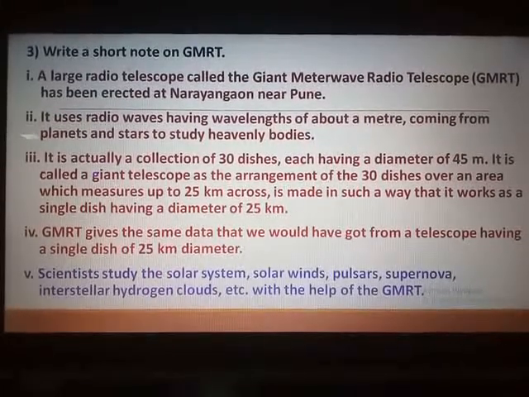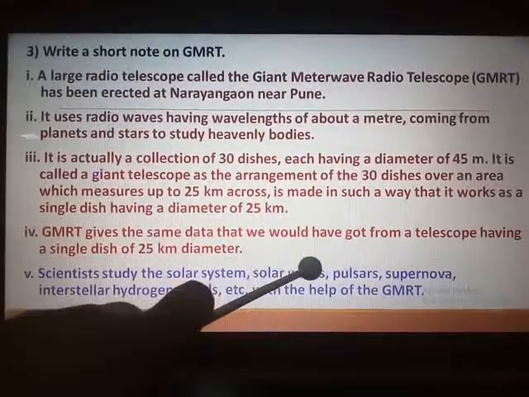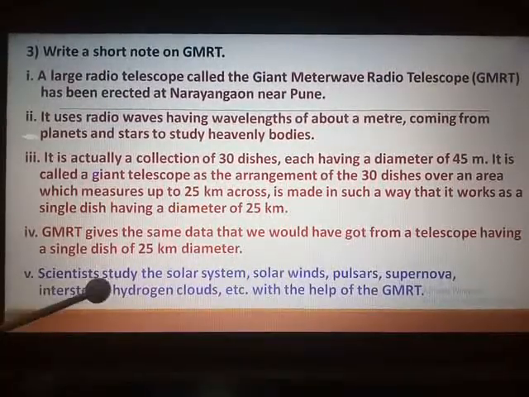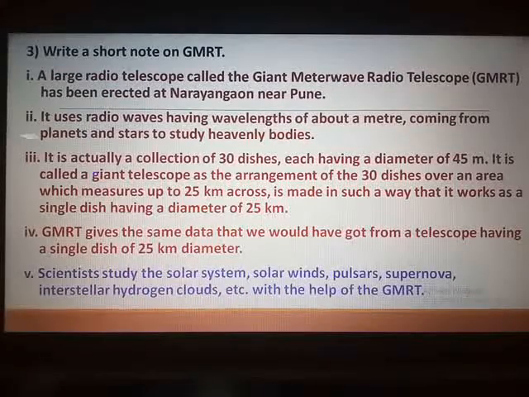Point number 5. Scientists study the solar system, solar winds, pulsars, supernova, interstellar hydrogen clouds, etc. with the help of the GMRT. So these are the 5 points which are enough for 5 marks.